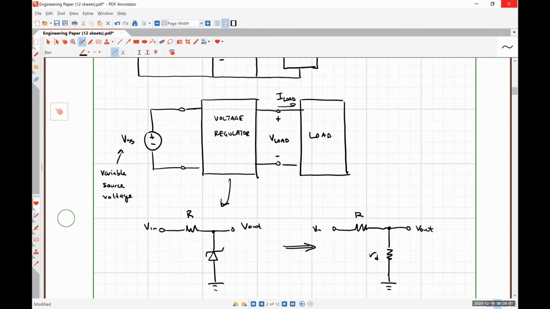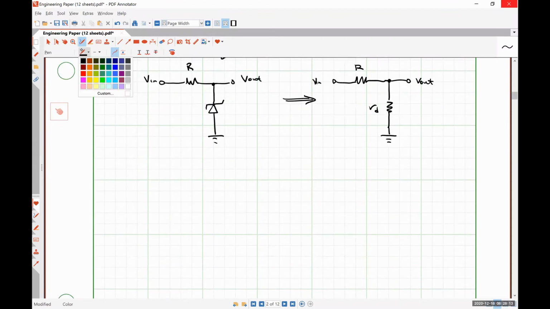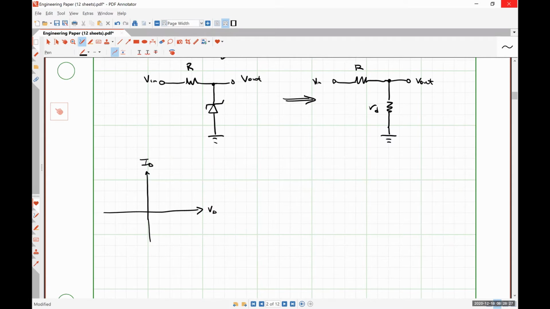So effectively, if we looked at the curve for a Zener diode, here's VD and here's ID. And the forward bias region, it's going to look pretty normal.